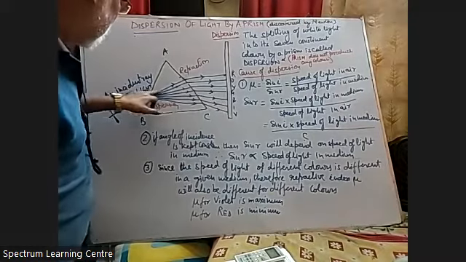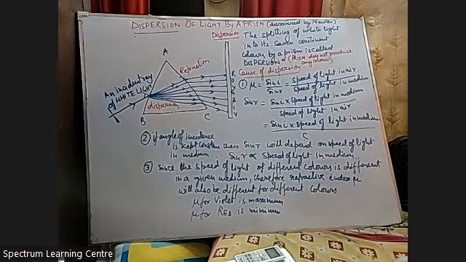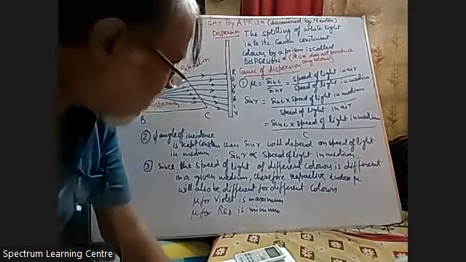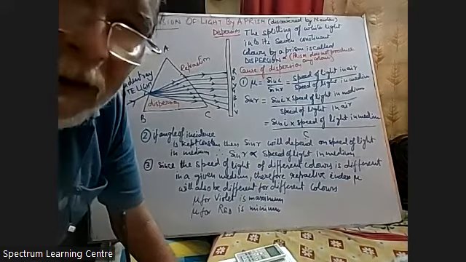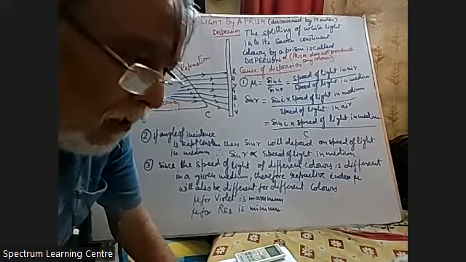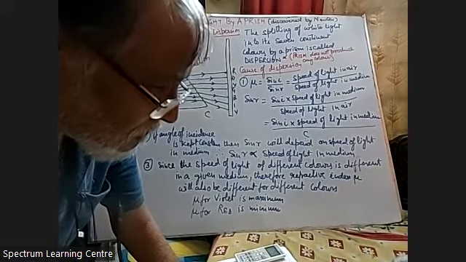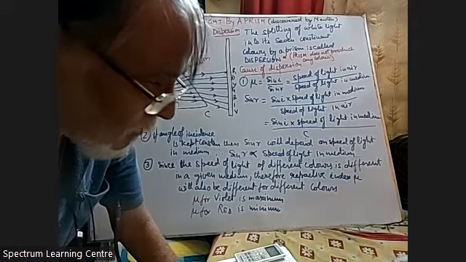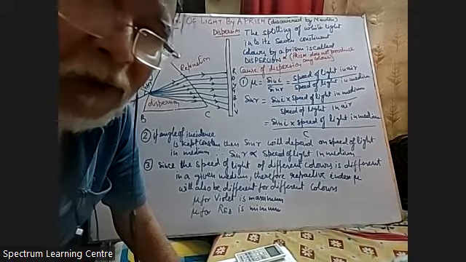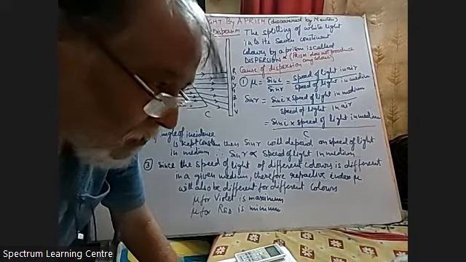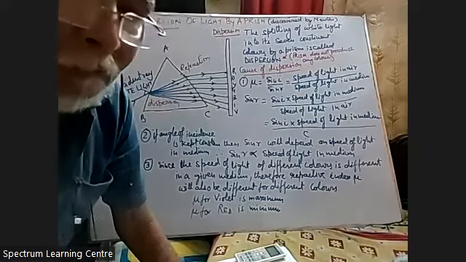Sir, I was saying that you are producing just one white light here. So if we produce multiple white light? Multiple white light means, for example, the light is coming from the sun. Not a single ray, but there are multiple rays. A collection of rays is known as a beam.